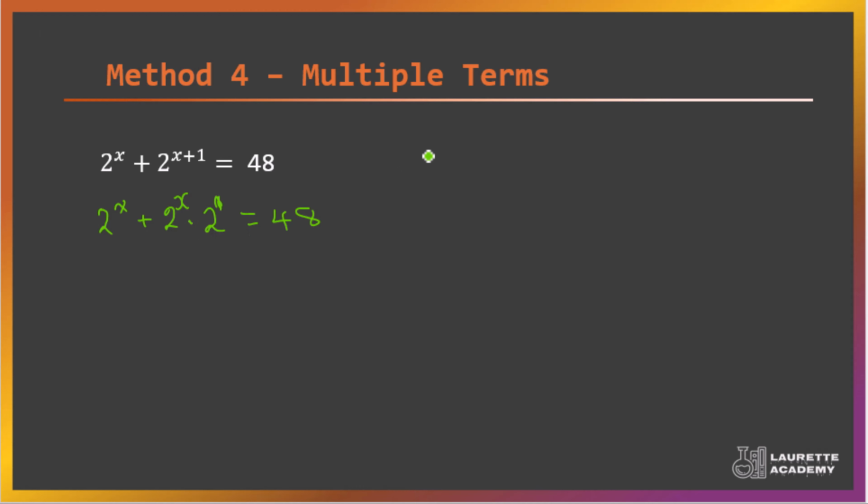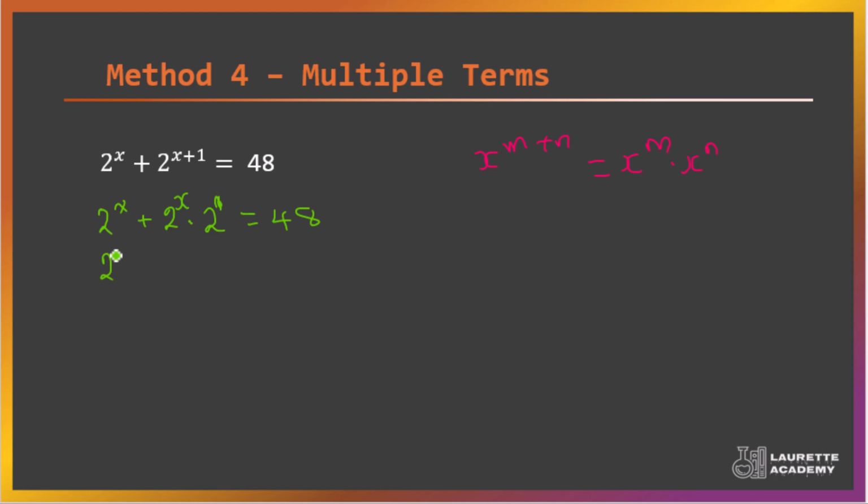Why am I writing this? Because if we have that x to the power m plus n is the same as x to the power m times x to the power n, that's what I'm using here. So we can factor out 2 to the power x.